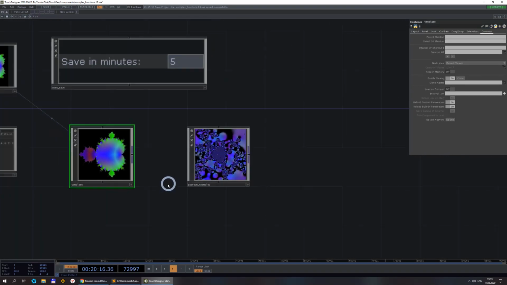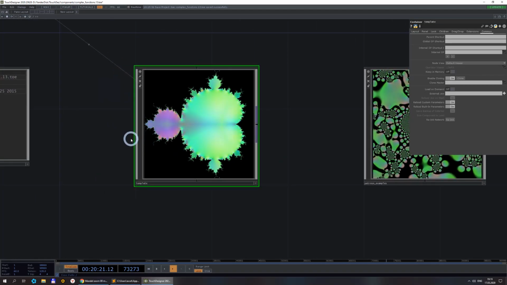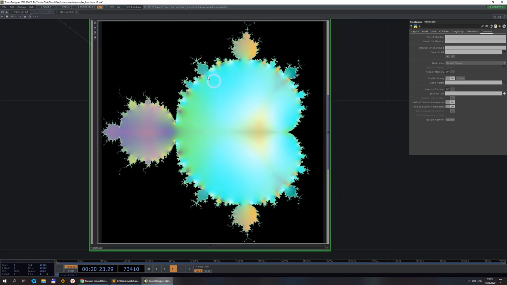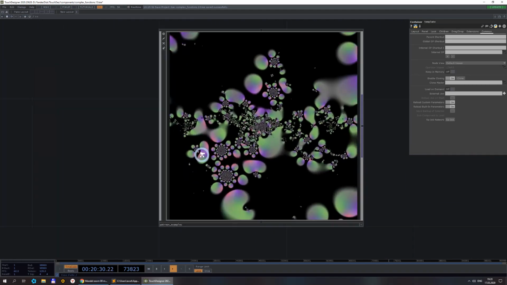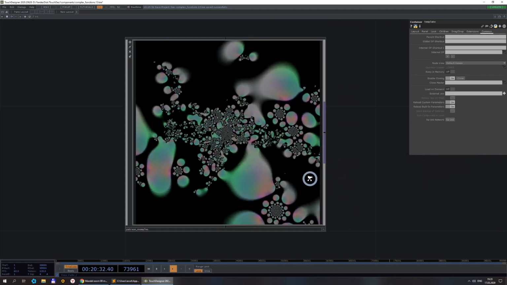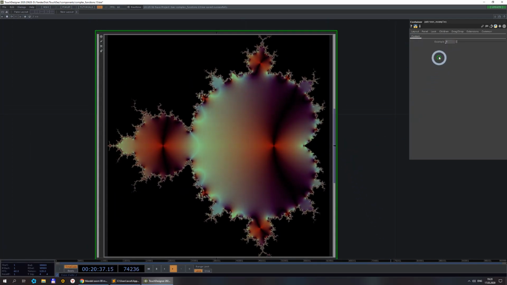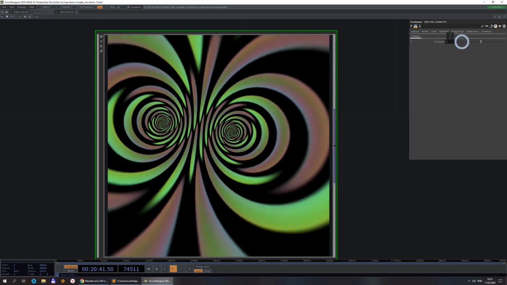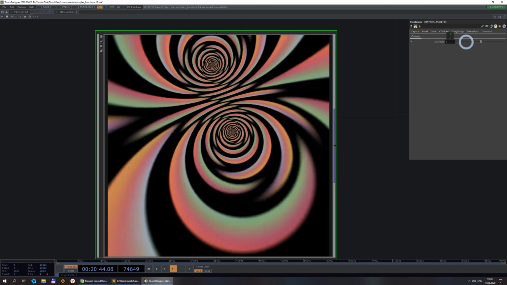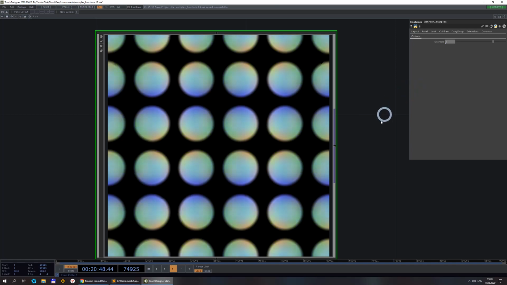Let's go back here. If you are one of my Patreon subscribers, you will get this file with all this code, so you can explore it by yourself. You will also get this container, which has 5 examples of how you can use this technique to create such visuals. It's mostly to inspire you to try very different things.